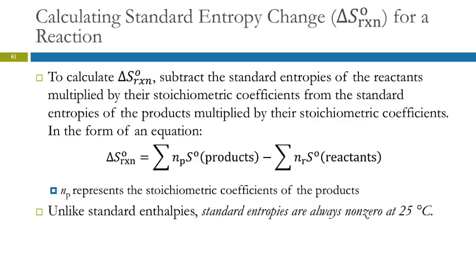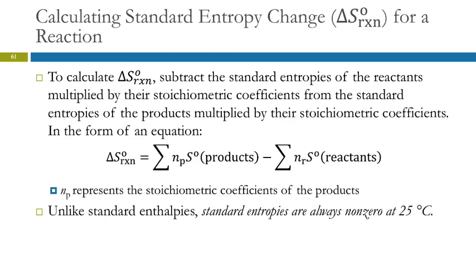We can calculate standard entropy changes for reactions. And this is similar to the way we calculated standard enthalpies of reaction. So you take the sum of the standard entropies for all of the products. And the standard entropies are in joules per mole Kelvin.